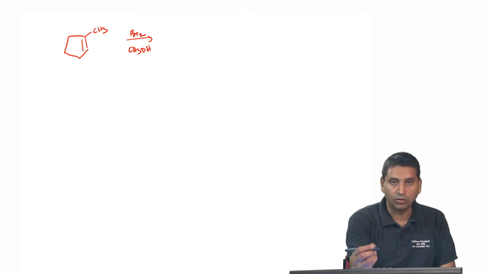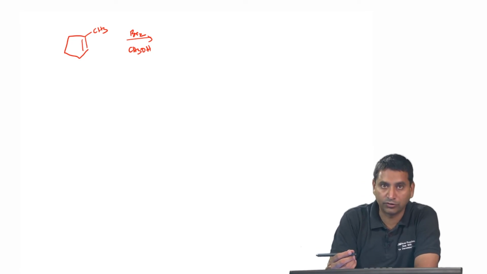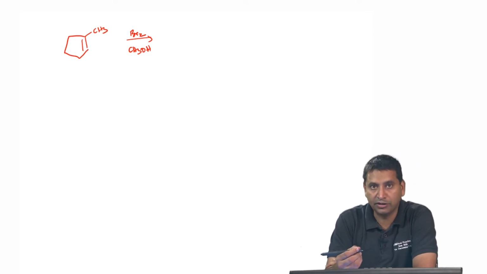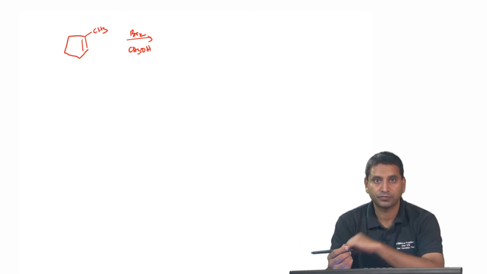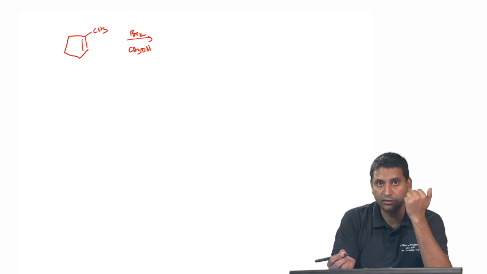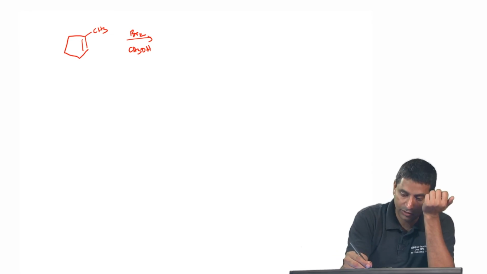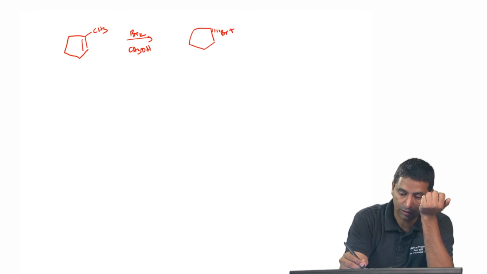Okay. So, the assumption we will make here is that methanol is actually a solvent, and therefore, it is present in a very large excess. So, as we are quite familiar, the Br2 would be expected to react in a way that it would form a cyclic intermediate, which is known as the bromonium ion.